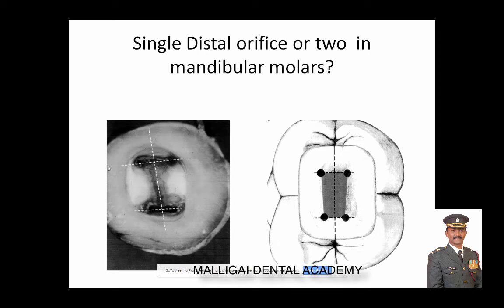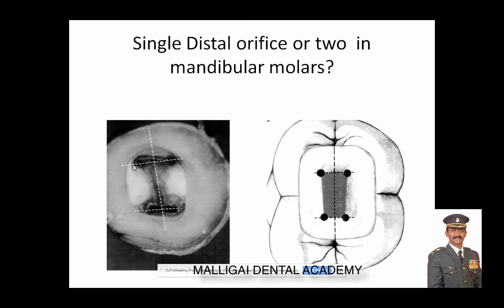If you clearly see, the mesiobuccal orifice is at a distance equidistant from the imaginary line bisecting this tooth in the mesiodistal direction as the mesiolingual orifice. At the same time, they are also on a straight line. How does this help me in location of the orifice?